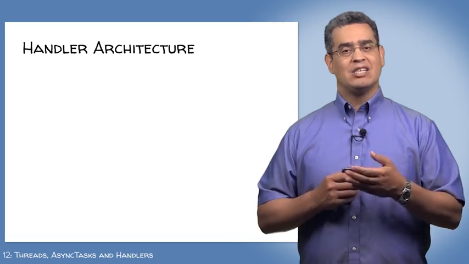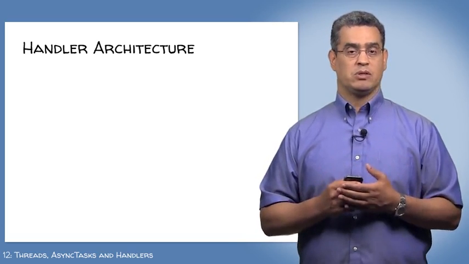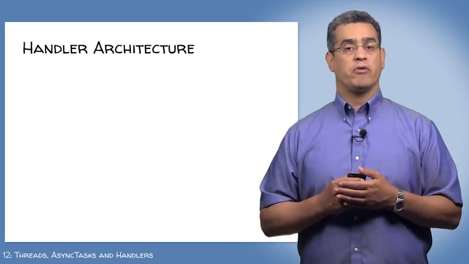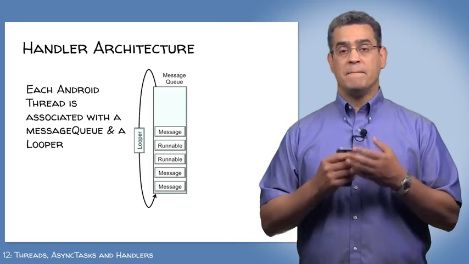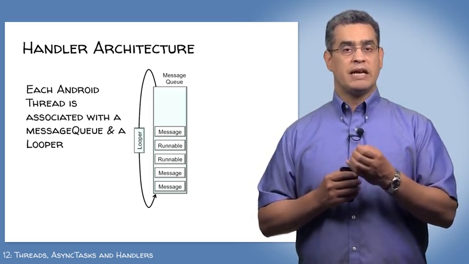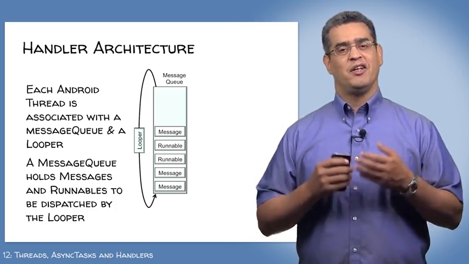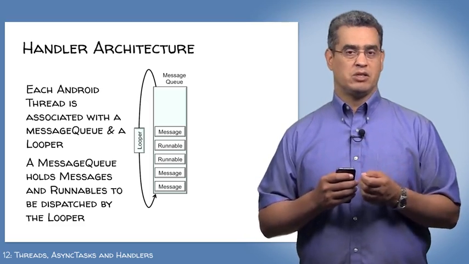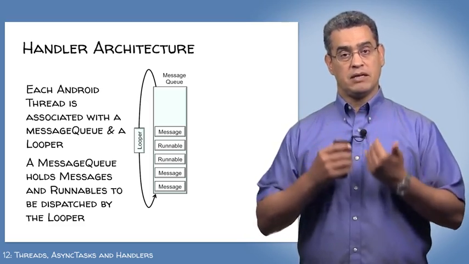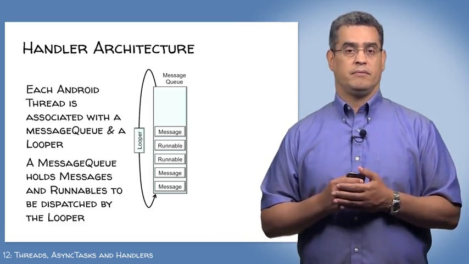So, now let's talk about how handlers use these messages and runnables. Each Android thread is associated with a message queue and a looper. The message queue is a data structure that holds messages and runnables. The looper takes these messages and runnables off of the message queue and dispatches them as appropriate.